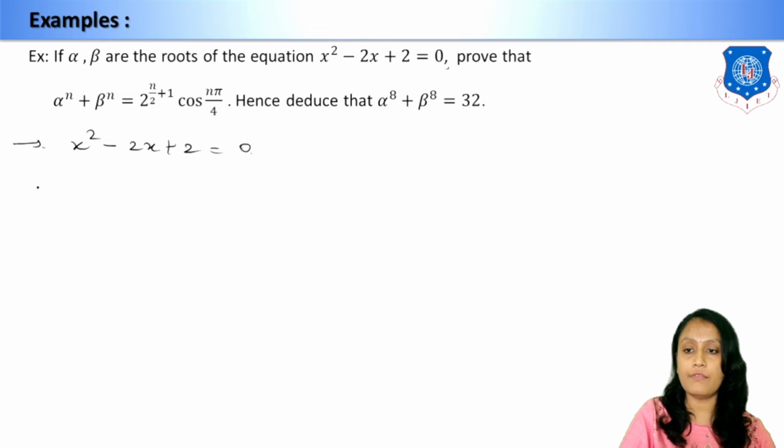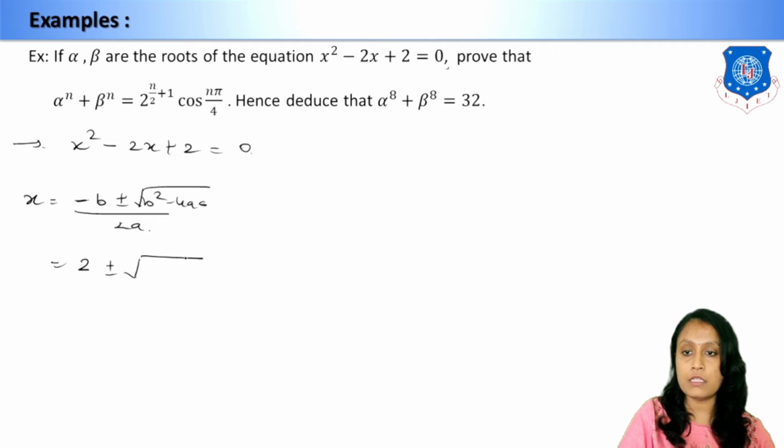Now the equation is given, that is x square minus 2x plus 2 is equal to 0. So firstly we'll find the roots. So x is minus b plus or minus under root b square minus 4ac upon 2a. So here b is minus 2, so you will get 2 over here plus or minus under root 4 minus 8, as a is 1 and c is 2.